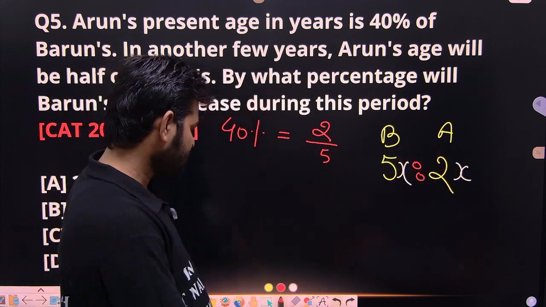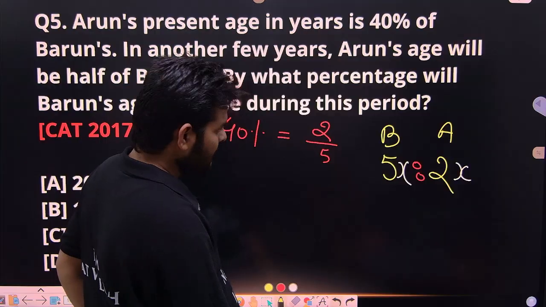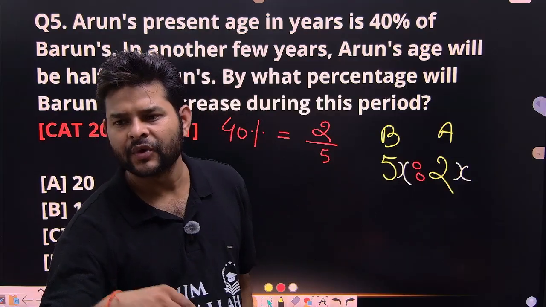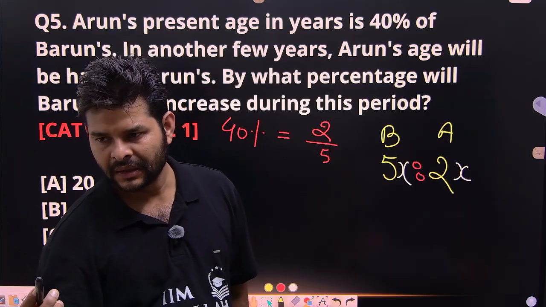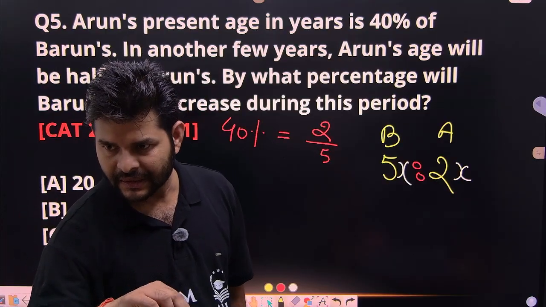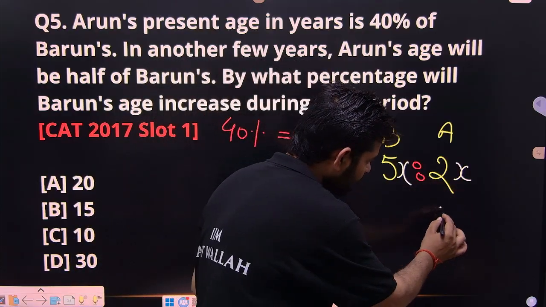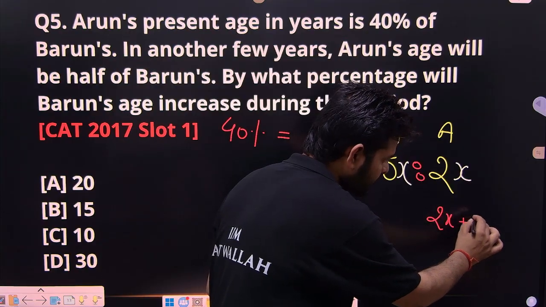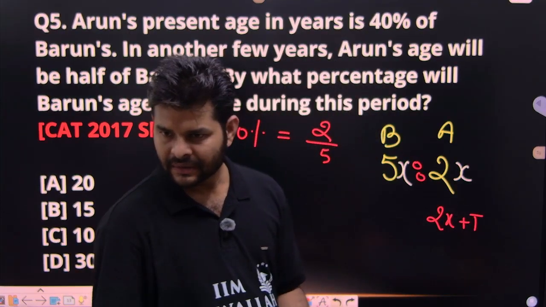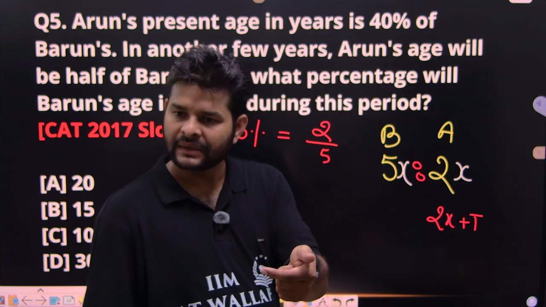Now what happens after a certain period of time? Suppose after t years. After t years, Arun's age will be 2x plus t, because the age increases by t.